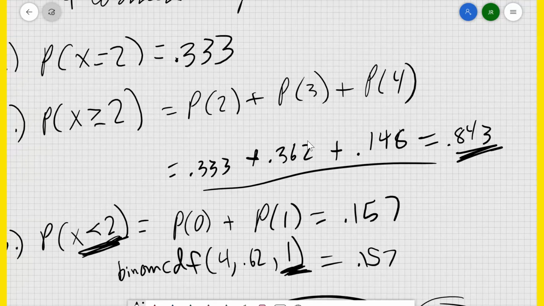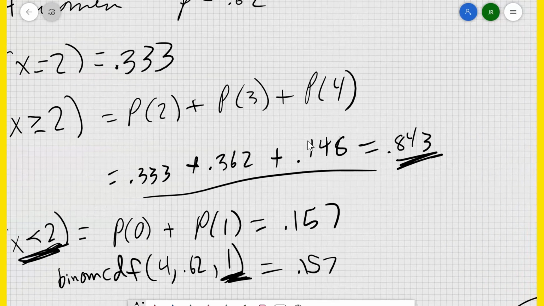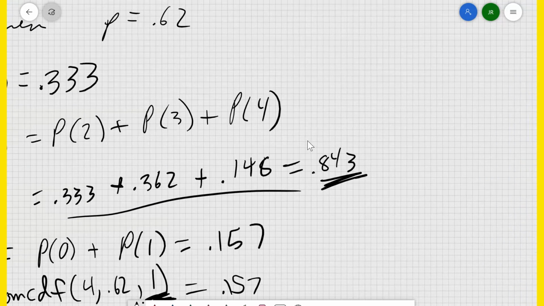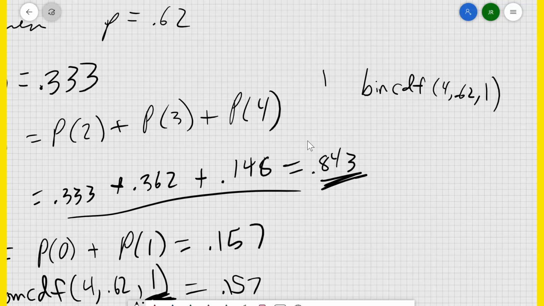What about this one? Can you think of a way to do number 2 that way? What's the probability that x is greater than or equal to 2? How can I use Binomial CDF? If I want it to be greater than or equal to 2, I can do Binomial CDF with 4, 0.62, and I can put in 1, and then I can subtract that from 1.